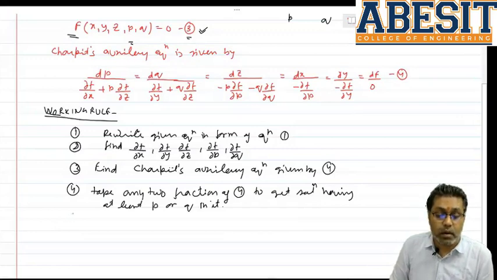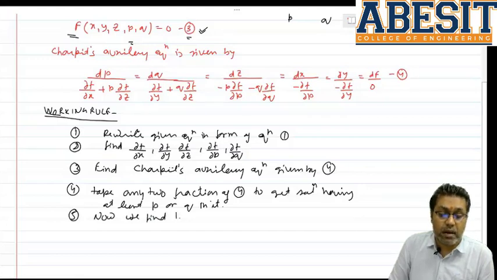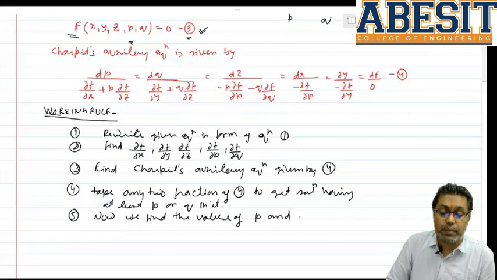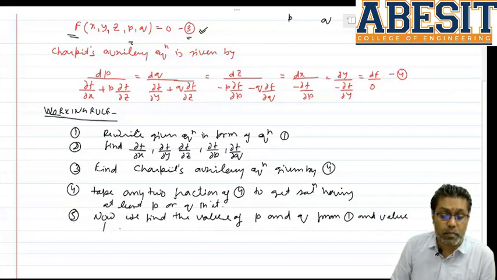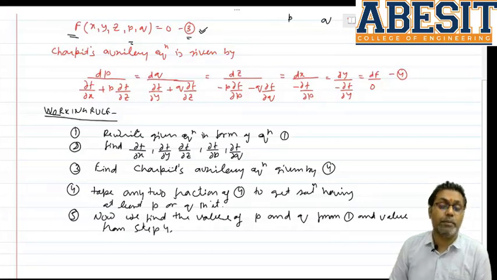Okay. Now we find the value of P and Q from equation number 1 and the value from step number 4.